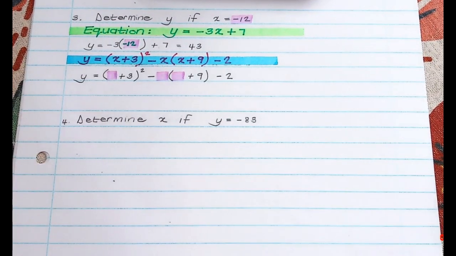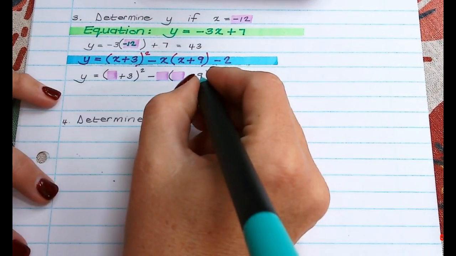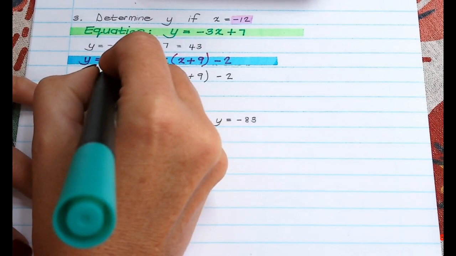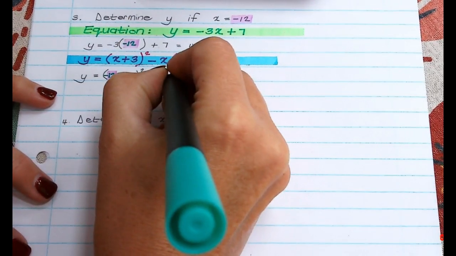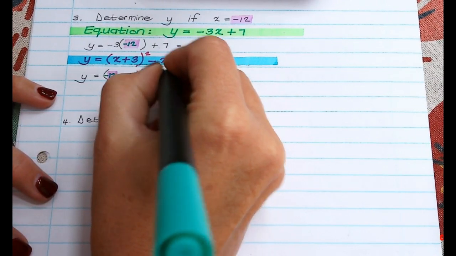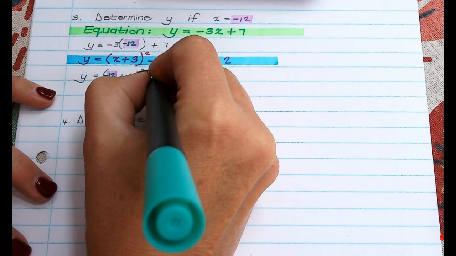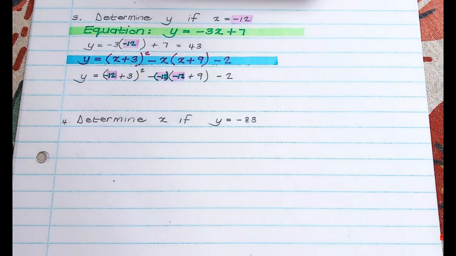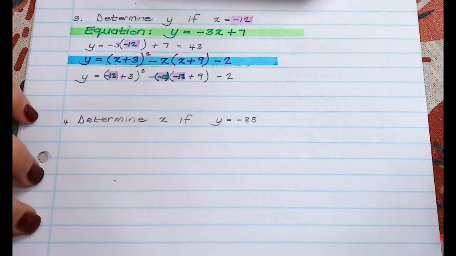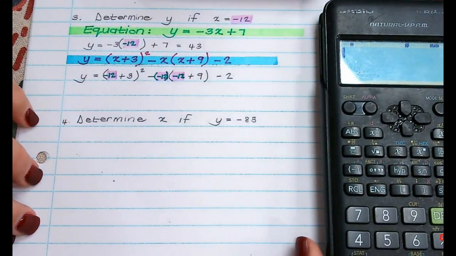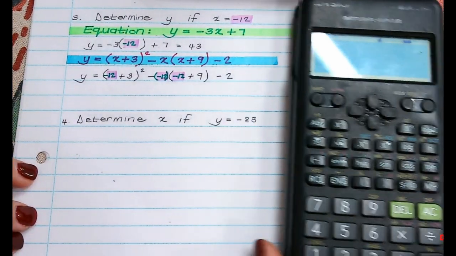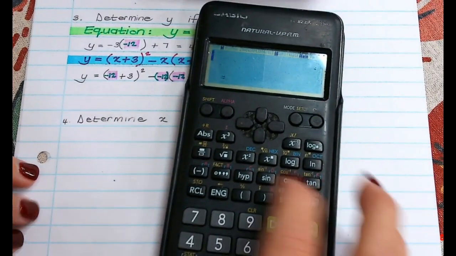Remember, everywhere that I should have written an x, I now replace with minus 12. Because this is minus minus, I'm going to put that into a small bracket. And I'm going to show you that if I key it in on my calculator, it will give me the same result.